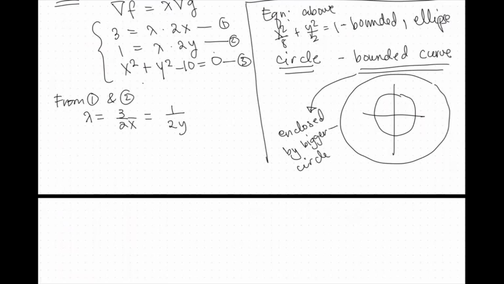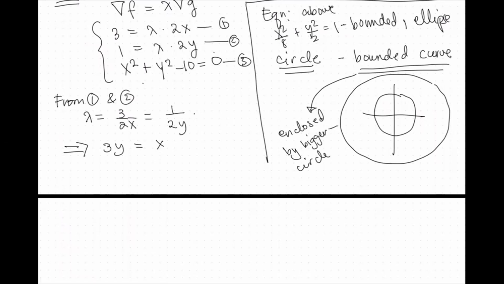We have y in the denominator, so (0, 0) is not on the circle; it's just the boundary of the circle. So this means 3y is equal to x.